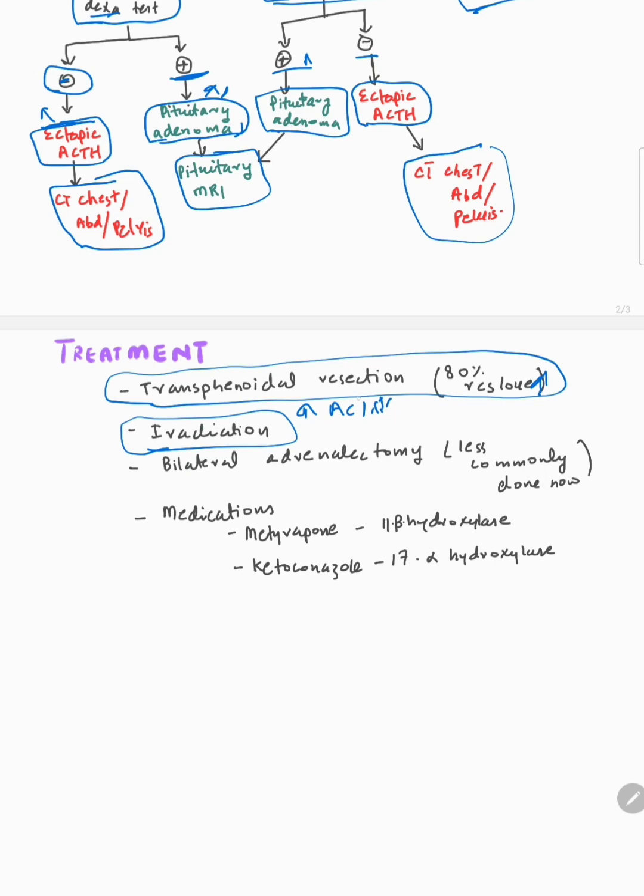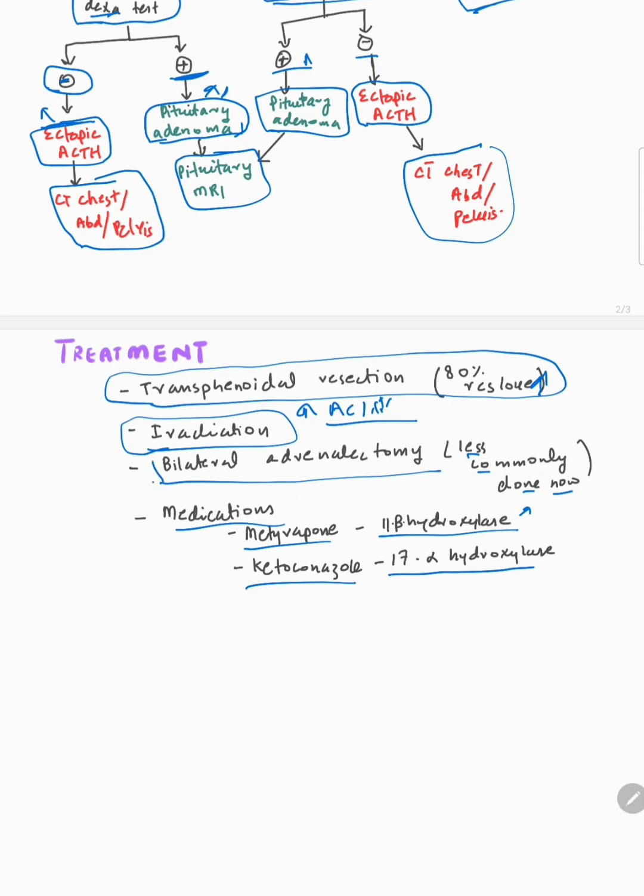And if the radiation is done and there's still ACTH elevation, then you can do bilateral adrenalectomy, but it's less commonly done now because other modalities are mostly effective. Also there are medications that suppress synthesis of cortisol, like metyrapone, which inhibits 11-beta-hydroxylase, which is involved in the synthesis of cortisol, and ketoconazole, which inhibits 17-alpha-hydroxylase, which is also involved in cortisol synthesis.